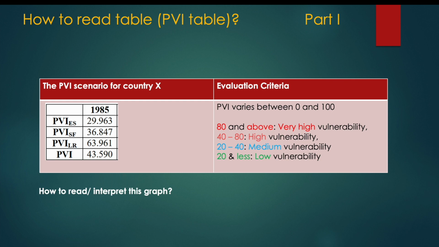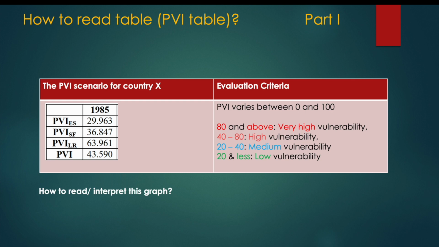So in terms of exposure and susceptibility, country X is facing medium vulnerability to that specific hazard event. In the second row, it is PVI-SF, or socioeconomic fragility, and the value is 36.847.